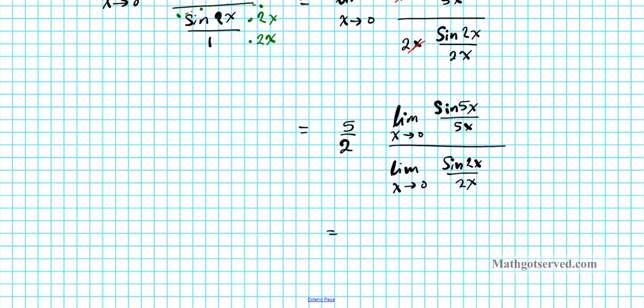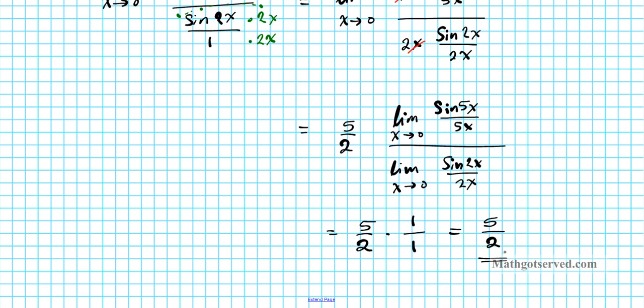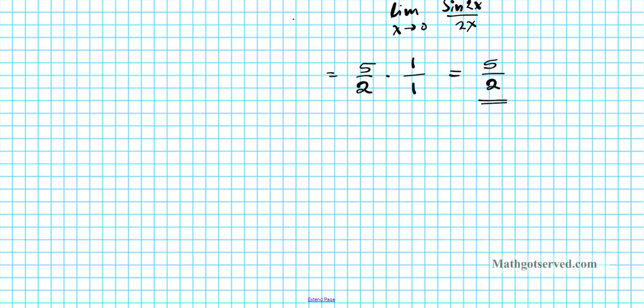We're going to have 5 over 2 times the numerator is 1, the denominator is 1, we multiply across, 5 over 2. Isn't that the answer we came up with earlier? Yes, absolutely. So just by inspection and knowing your tricks, you can basically determine what those limits are. Now let's try some heavyweights, some more complicated problems.